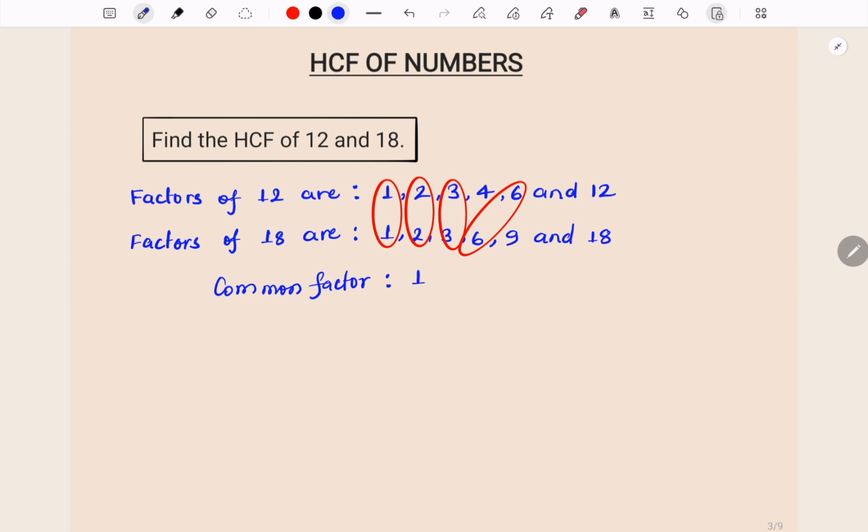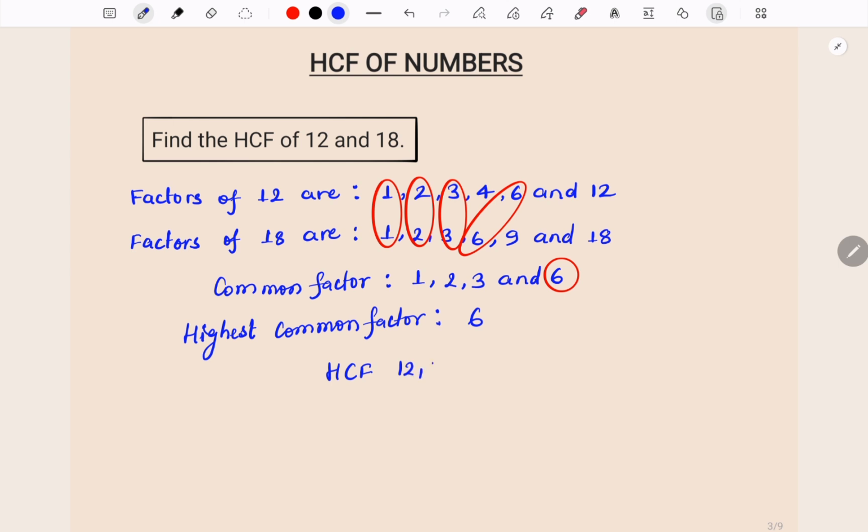We have 1, 2, 3, and 6 as the common factors. And the highest of these is 6, right? So the highest common factor is 6, and that is why the HCF of 12 and 18 is 6.